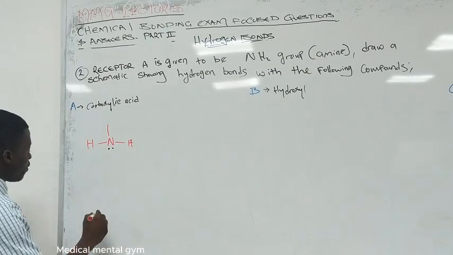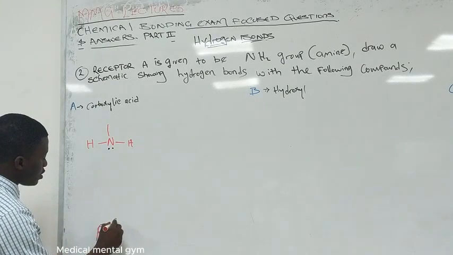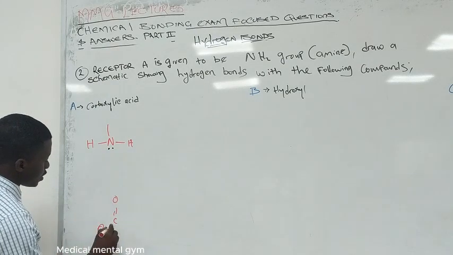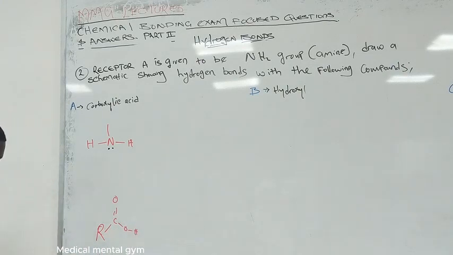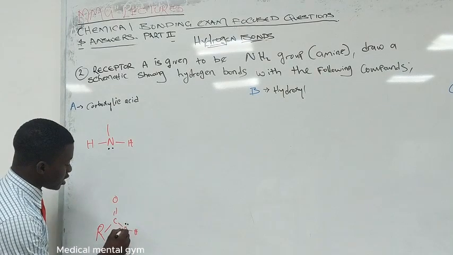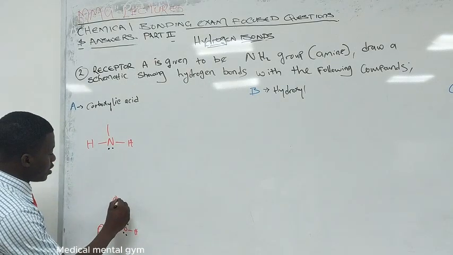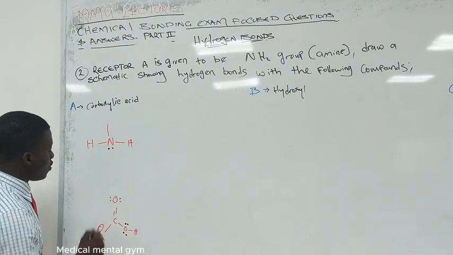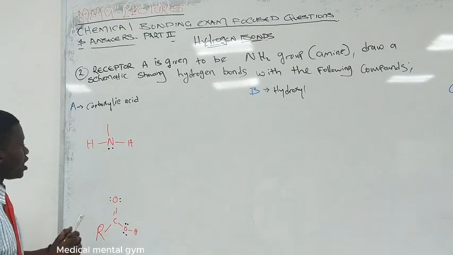The carboxyl group is as follows, and let's indicate our lone pairs as well. Don't forget, intellectuals, always indicate your lone pairs when dealing with hydrogen bonds. So all lone pairs have been indicated, and we can now form these hydrogen bonds.